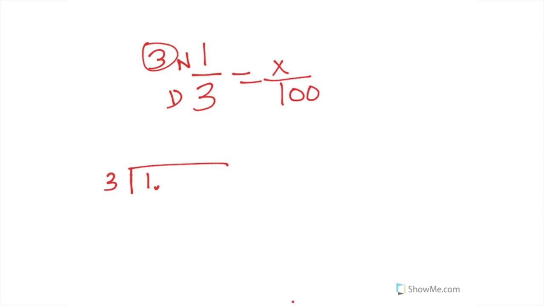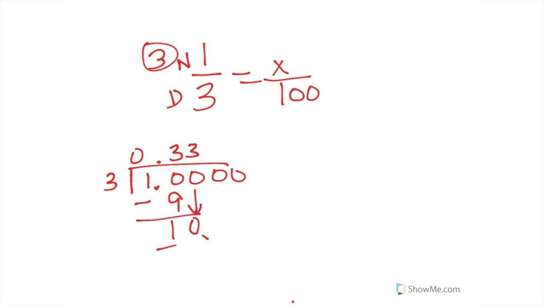Denominator on the outside. All right, here we go. 3 can go into 1, 0 times. 3 can go into 10, 3 times. 3 can go into 10, 3 times. Okay, I'm seeing a pattern here. Am I going to continue this forever? No, so I'm going to stop.